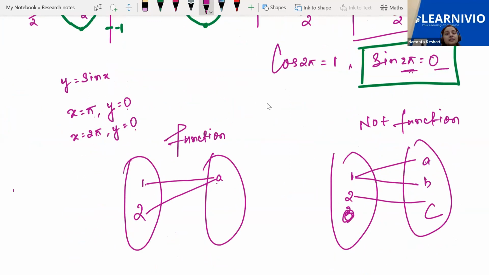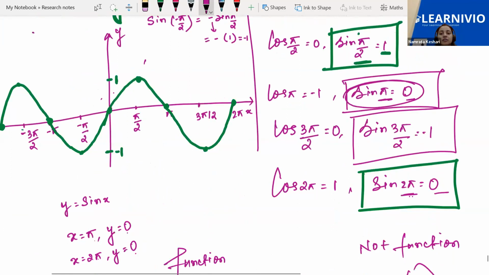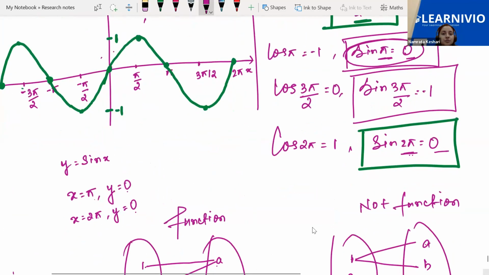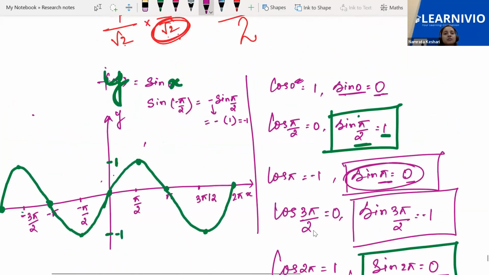If you check, it never behaves like the other case which we said is not a function. We cannot say sine 30 degrees is 1 by 2 and also maybe 1 by root 2. We will never say that, right? For a particular angle there is one and only one specific value. Yes or no? Yes, ma'am. And hence it became a function.